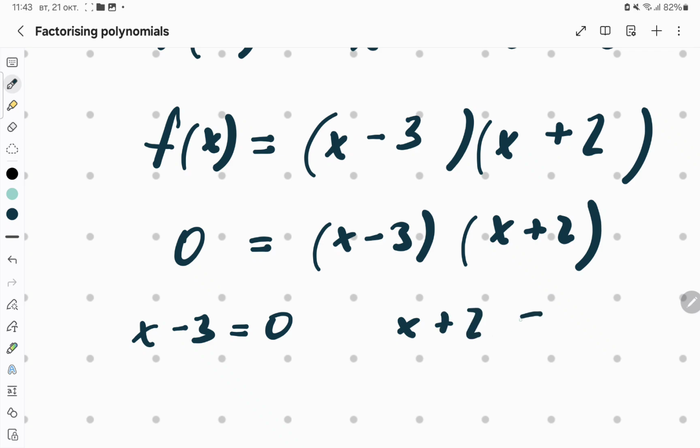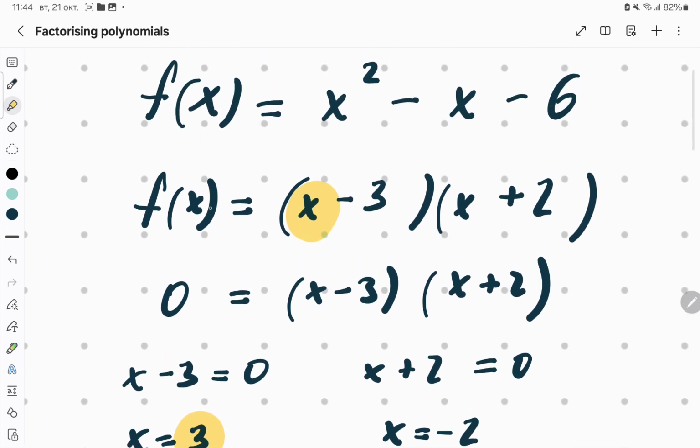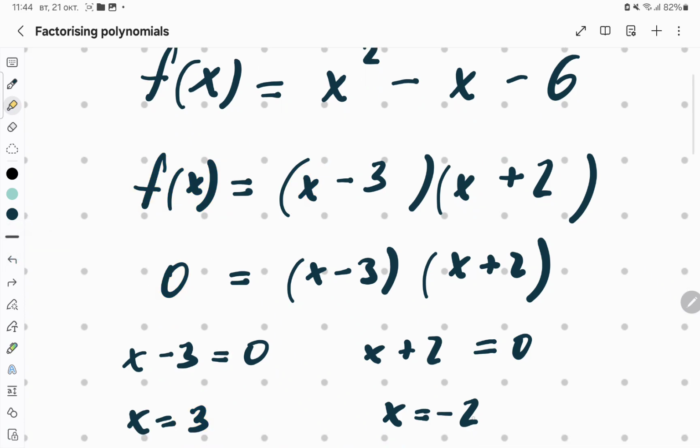We can write this way: x equals 3 and x equals negative 2. So what does this mean? It means that if x is equal to 3, our function f of x is going to be 0. It doesn't matter, it could be 3 or negative 2.